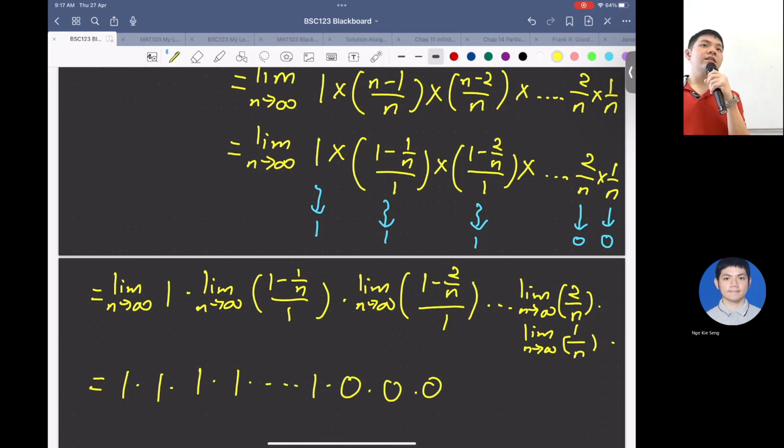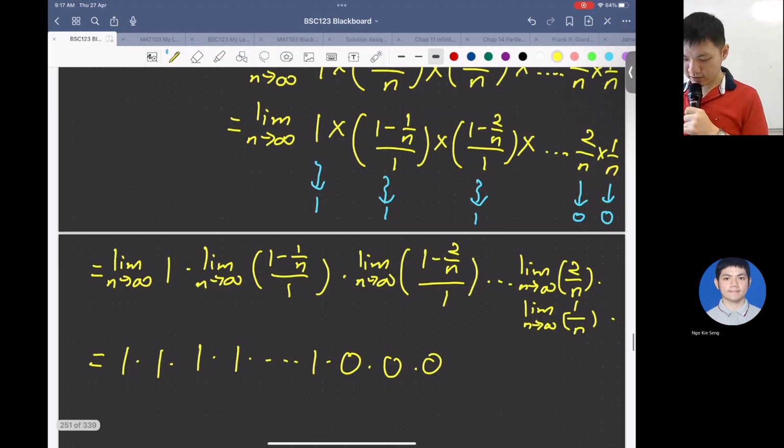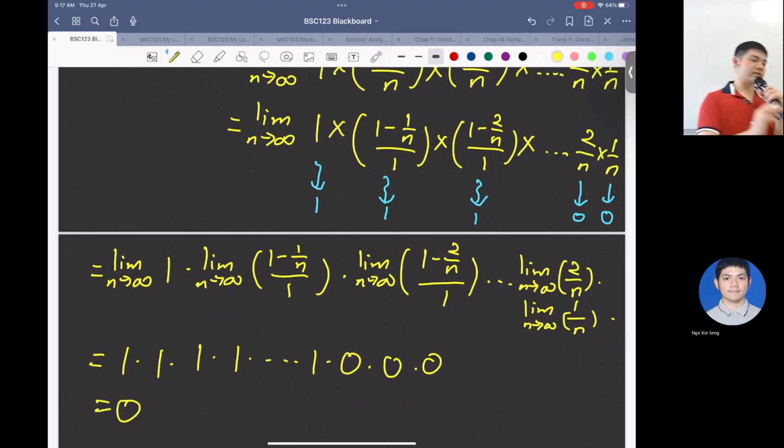The conclusion is that the limits here are either 1 or 0, and the last one must be 0, so you can conclude that this is 0. In the middle you get either 1 or 0, depending on how you write the sequence down.